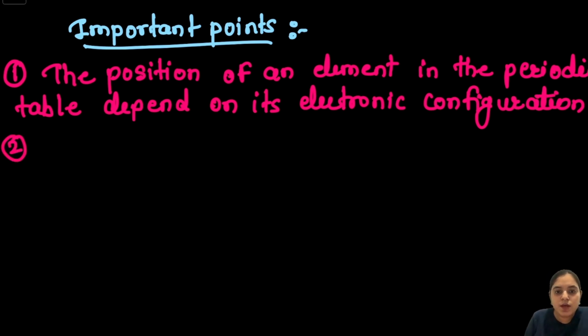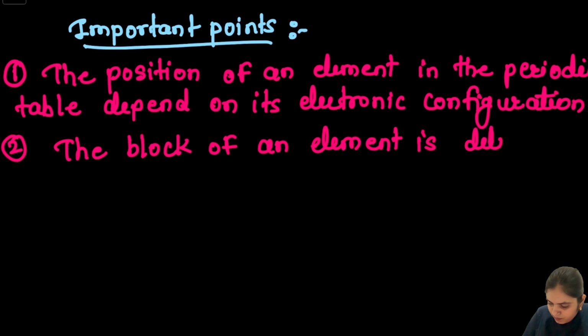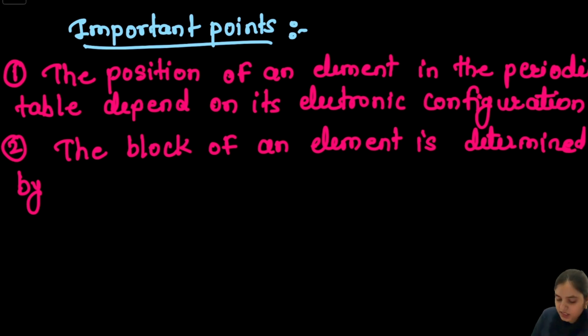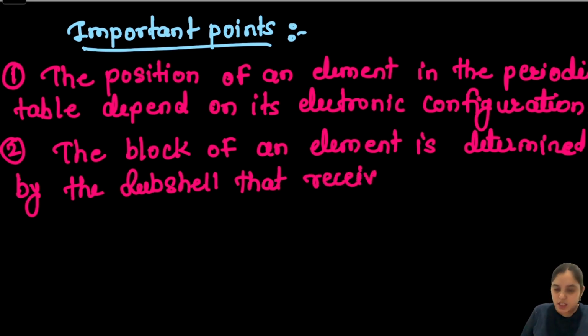Second point: the block of an element is determined by the subshell that receives the last electron.